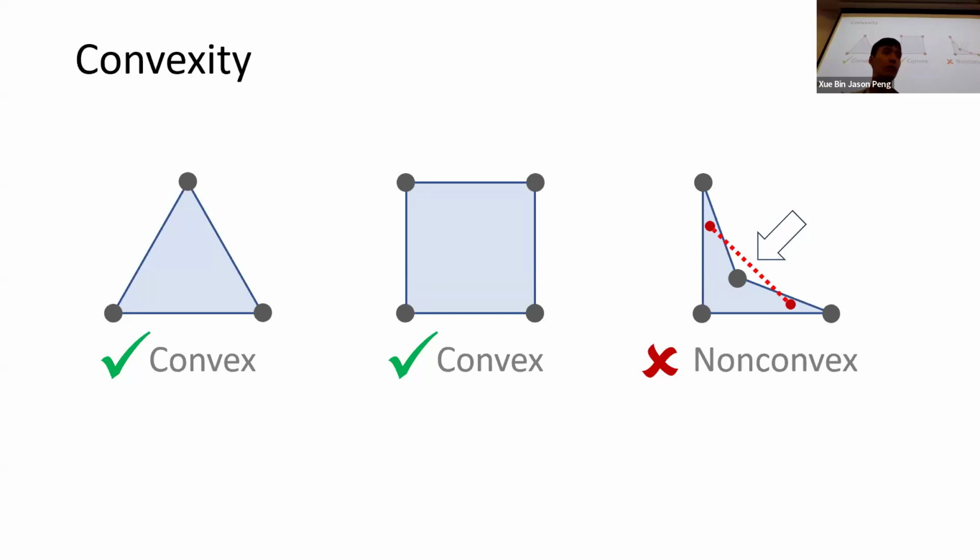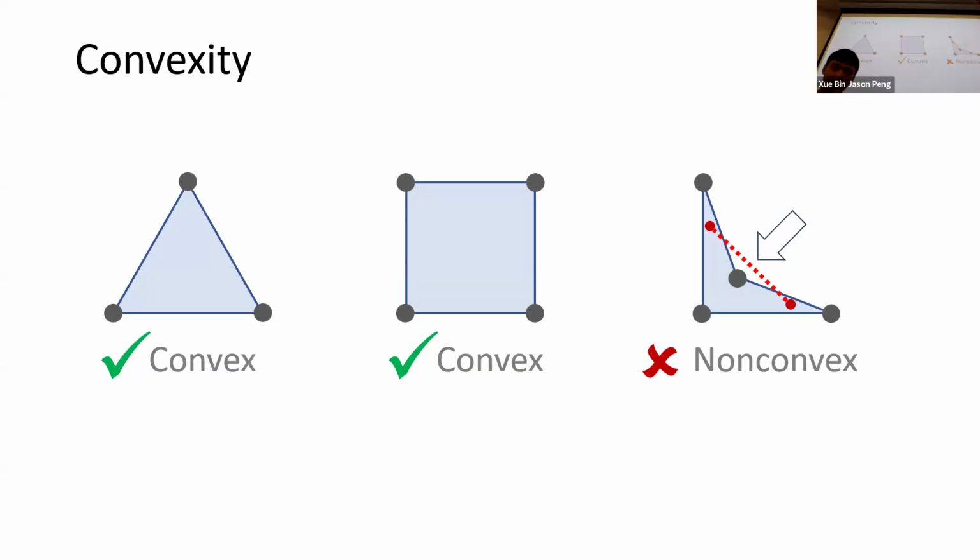Yep, question. Shape convexity, is it guaranteed to also be planar? No, not quite. So in the case of the cube there, you can have a convex cube that's not necessarily planar though. Wait, hang on.